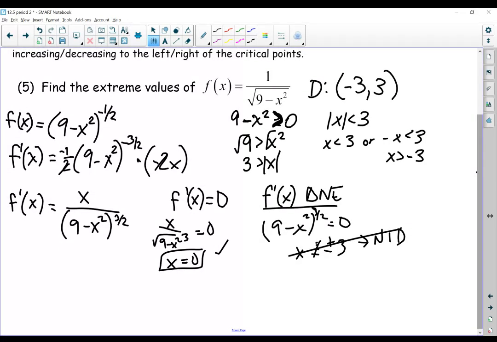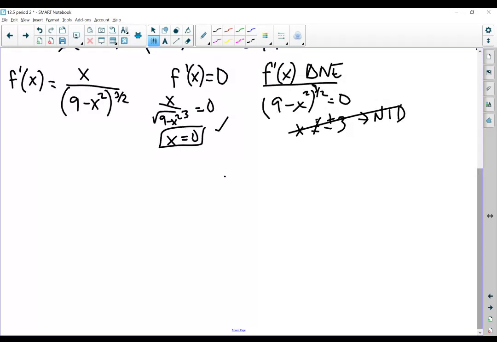Okay. So what this tells me in this situation is that I have one critical point, okay? That's a possible max or min. Now it could be a leveling point. We're not sure which one it is. And so what I would want to do here is make sure that we can figure out what's happening.